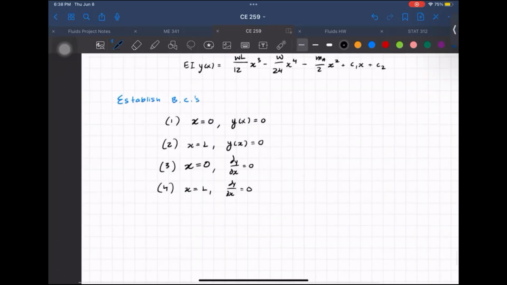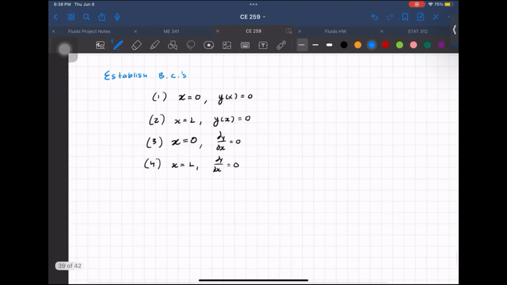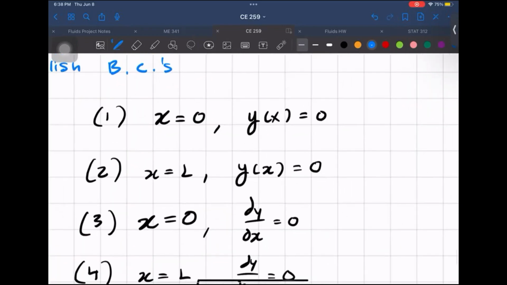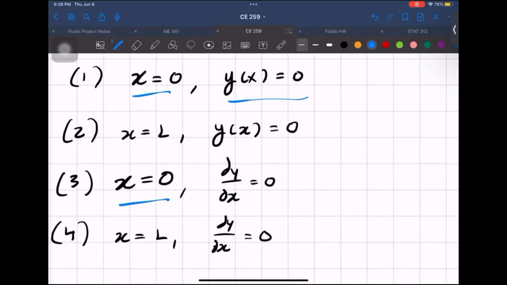I'm going to go through which ones would be easier to do. For the most part, the boundary conditions that you want to prioritize are the ones where both of the things are equal to 0. So this one's pretty good: x equals 0, y equals 0. And this one's also pretty good: x equals 0, dy dx equals 0.